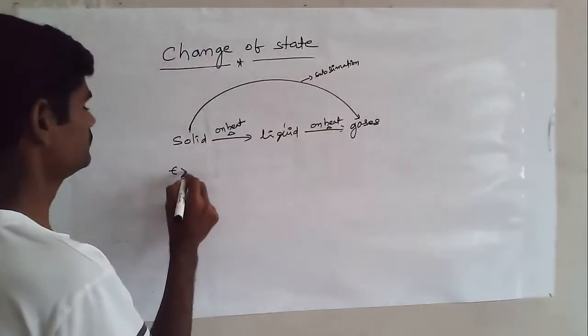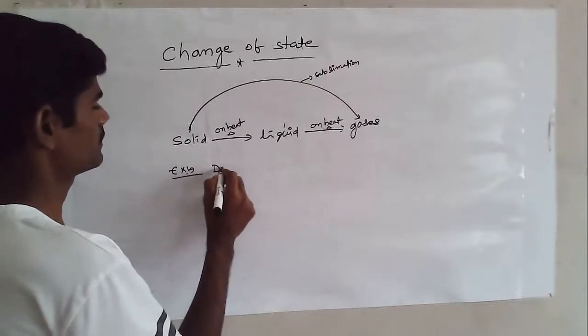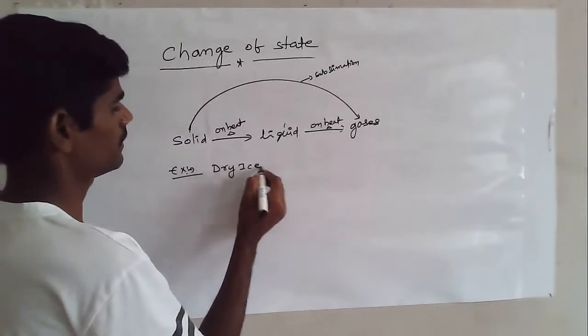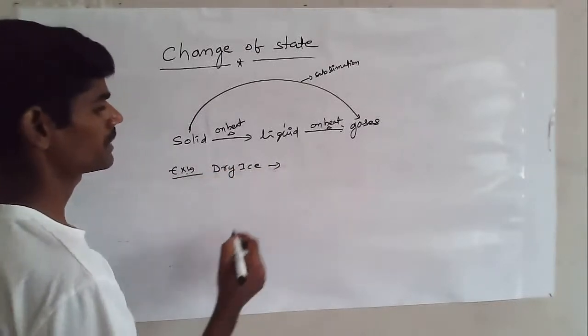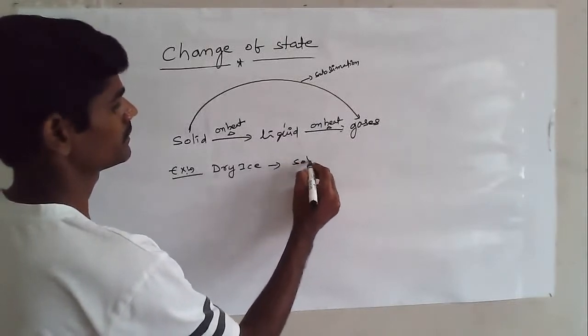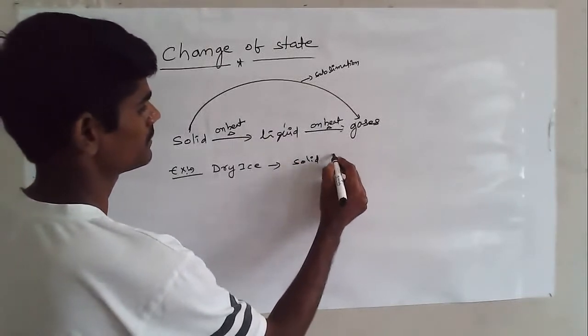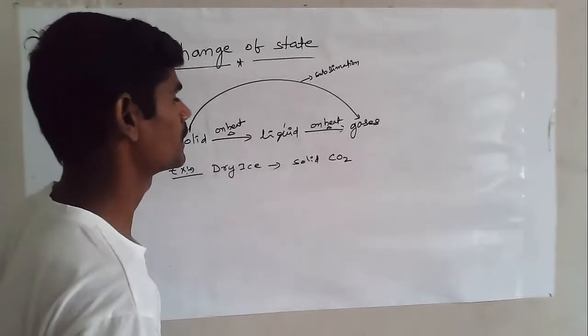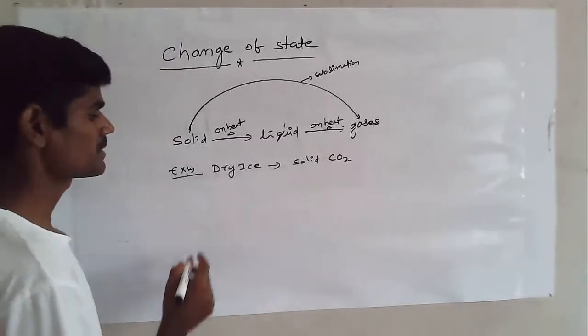Examples: dry ice. Solid carbon dioxide, CO2, is called dry ice.